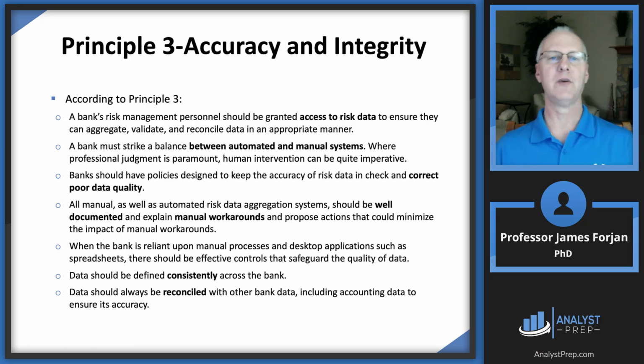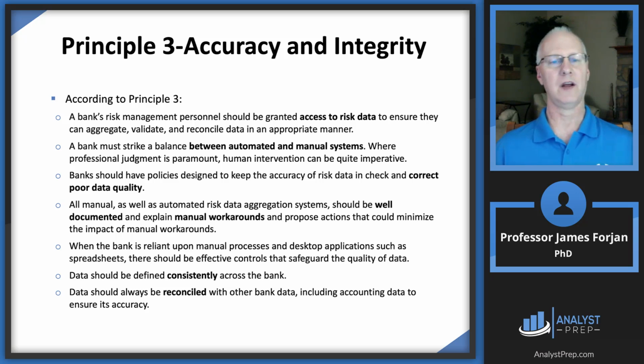All right, so continuing on with this principle, risk management personnel should have access to the risk data. Of course, that makes perfect sense. There has to be a balance between the automated and manual systems, going back to my fish example. There also has to be a policy to be able to correct any inaccuracies or inconsistencies or inefficiencies.